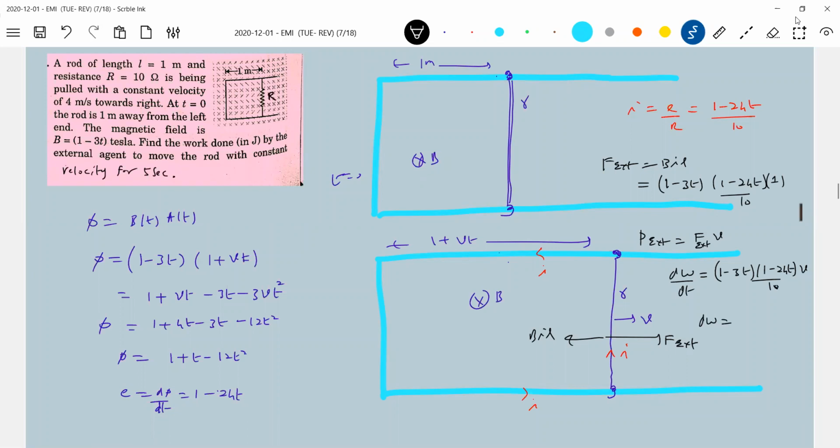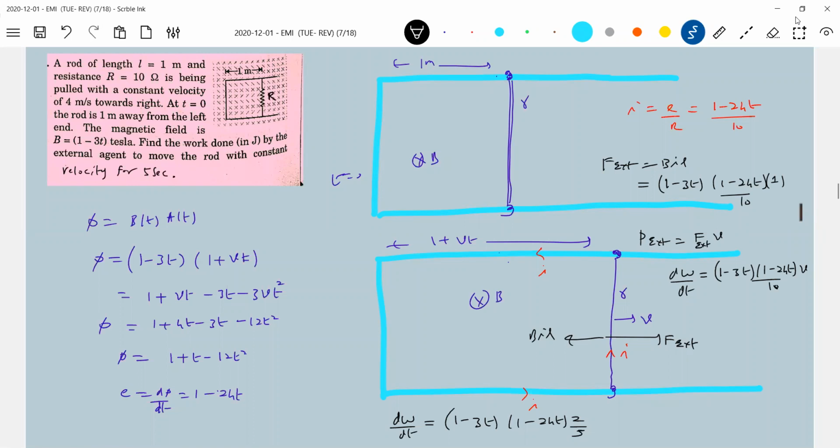So dW equals 1 minus 3t times 1 minus 24t times 2 by 5.